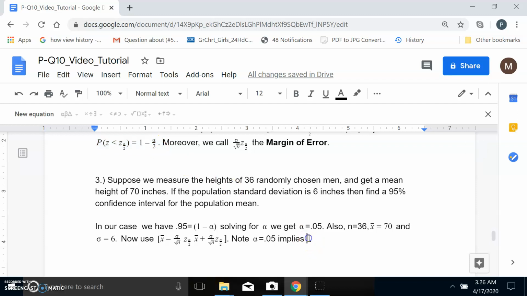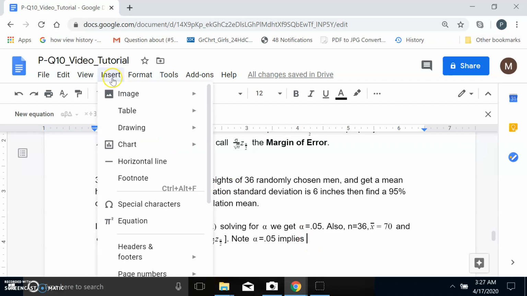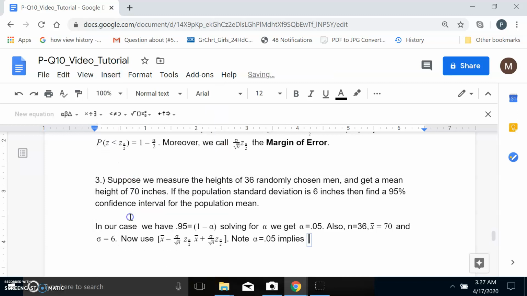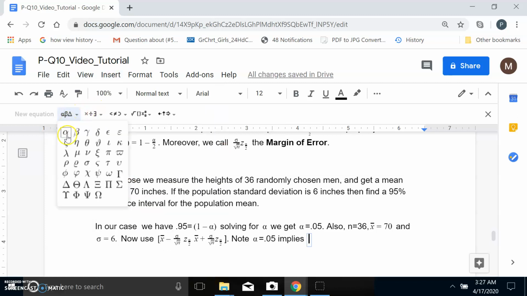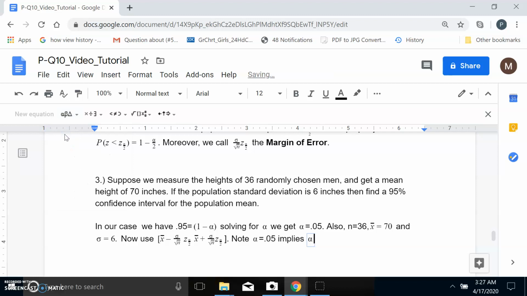So alpha over 2 equals 0.05 over 2, and that becomes 0.025 if you divide it there.